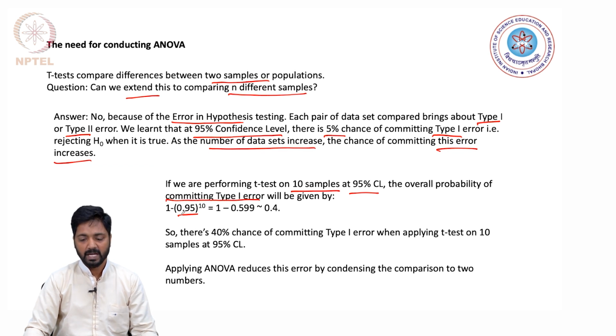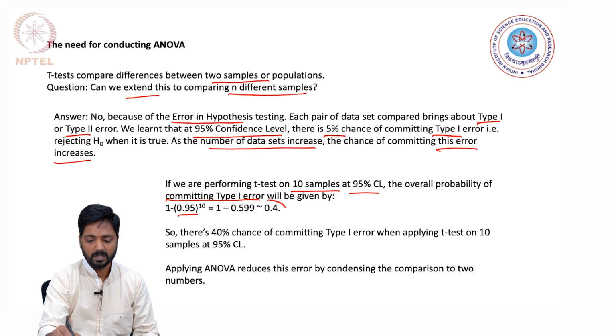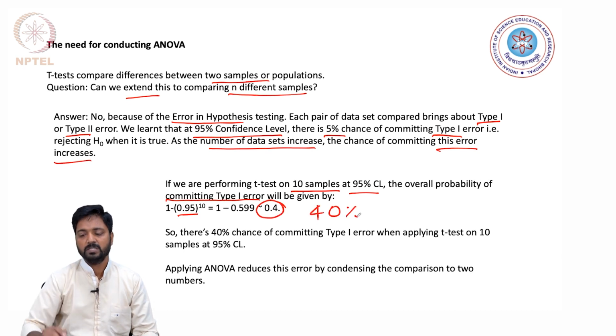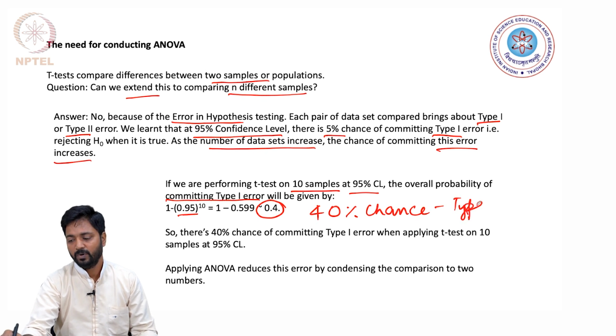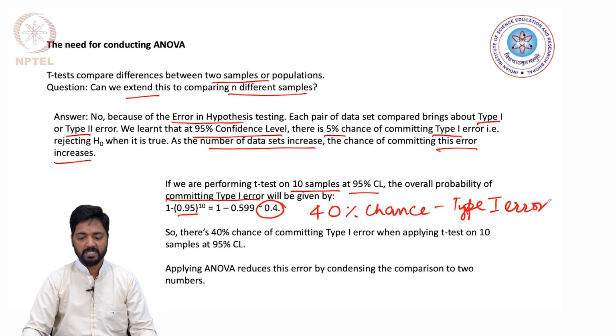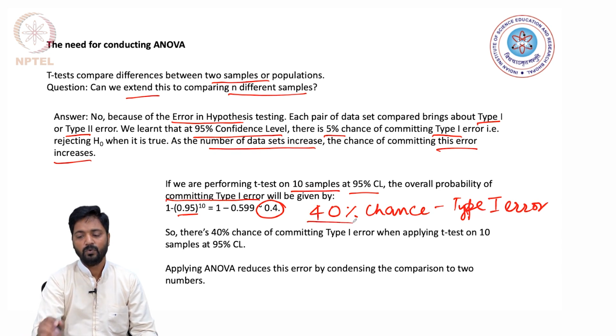When we do these calculations, we figure out that there is about a 40% chance of committing a type 1 error. Now this is quite significant, and that means that any prediction or inference that we make based on this statistical analysis will be erroneous by about 40%.